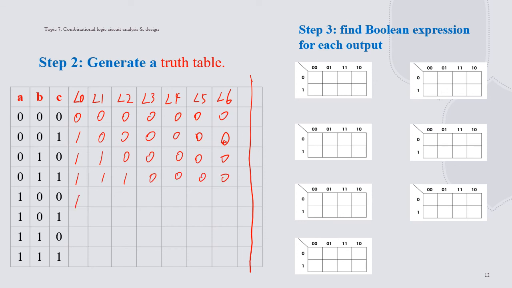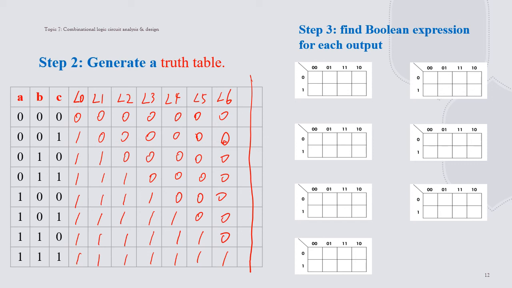Level 4, the bottom 4 will be on. Level 5, and the level 6 and the level 7, right? So for level 7, the maximum volume, every light should be on.